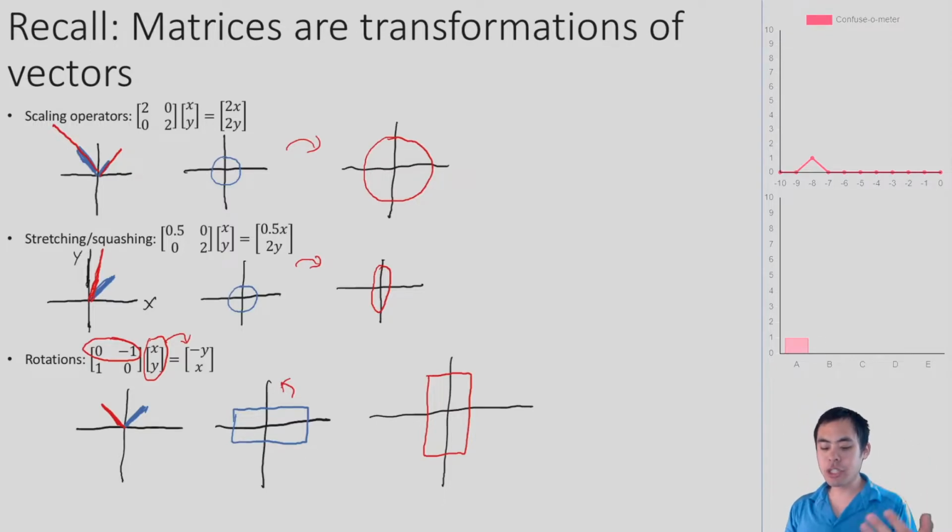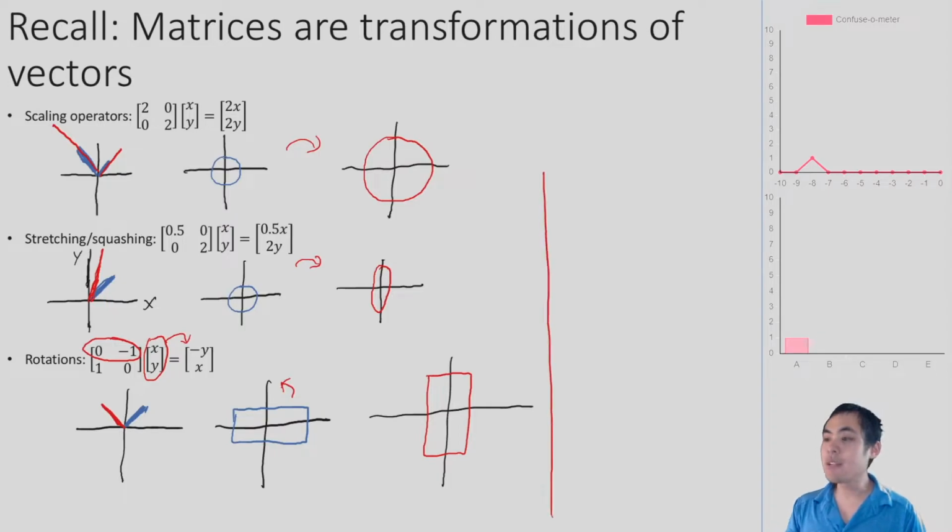And for the stretching and scaling operators, we were able to characterize those in terms of their eigenvalues, because their eigenvalues determined how much they stretched or squashed things. But we mentioned as an offhand comment that when the eigenvalues are imaginary, other stuff happens. When the eigenvalues are imaginary, the thing that happens is rotations.